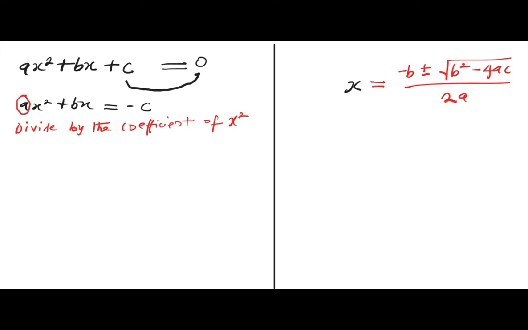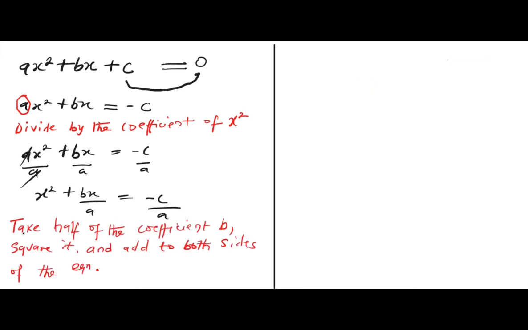So you're going to have ax squared plus bx equals negative c, this divided by a, this divided by a, and this divided by a. If you notice, a here will cancel a here, so you're going to have x squared plus bx divided by a equals negative c divided by a.